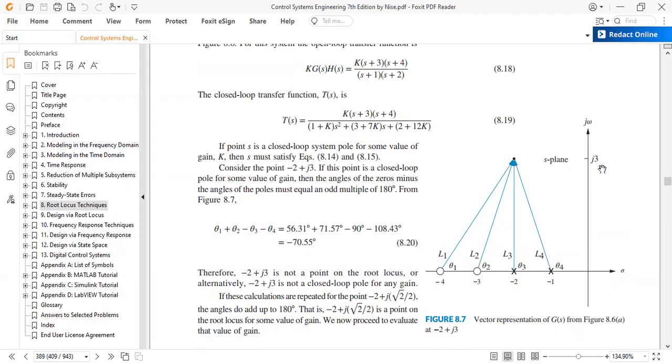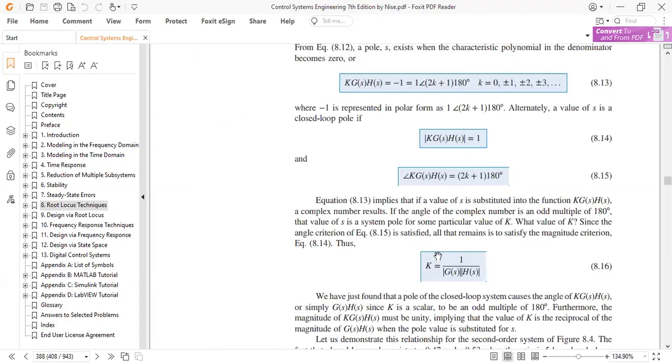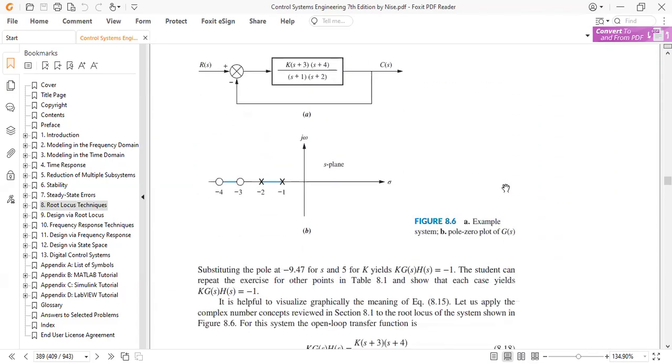We will test whether -2 plus j3 lies on the root locus or not. In order to check this, we will verify two conditions: the magnitude should be equal to 1 and the angle at that point should be equal to 180 degrees or the odd multiple of it.